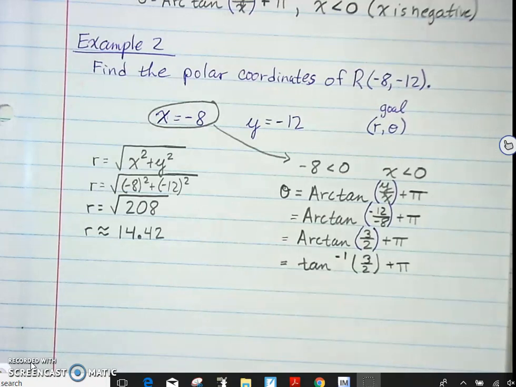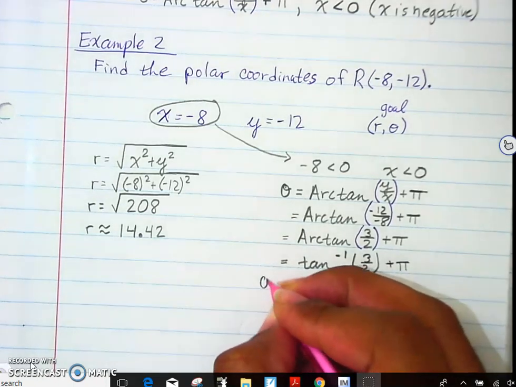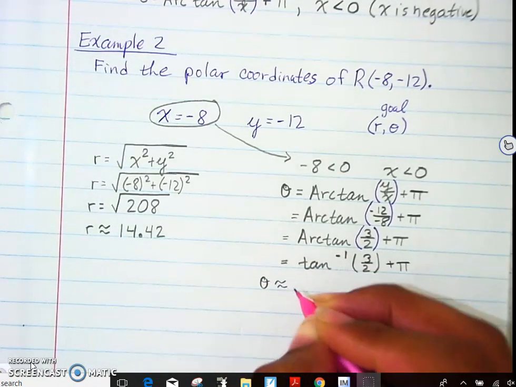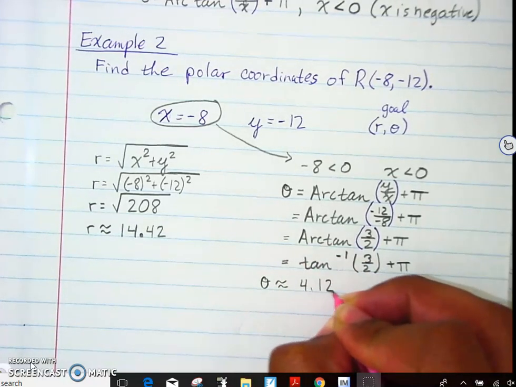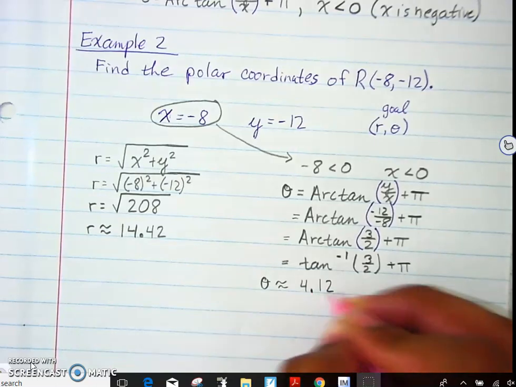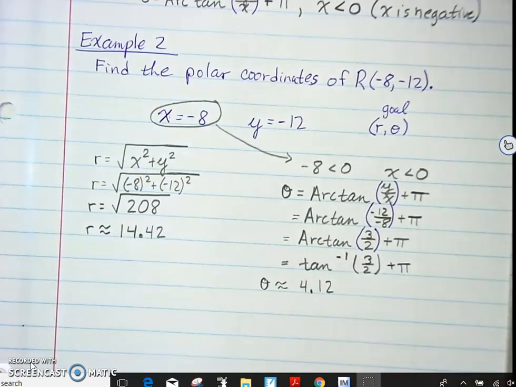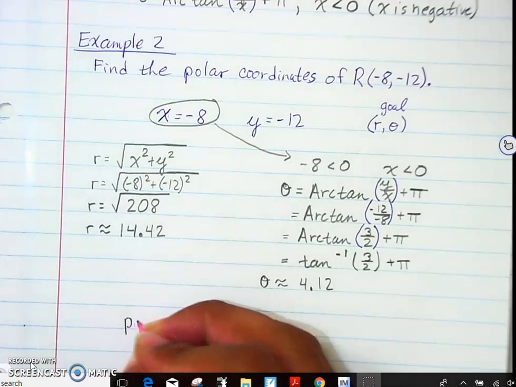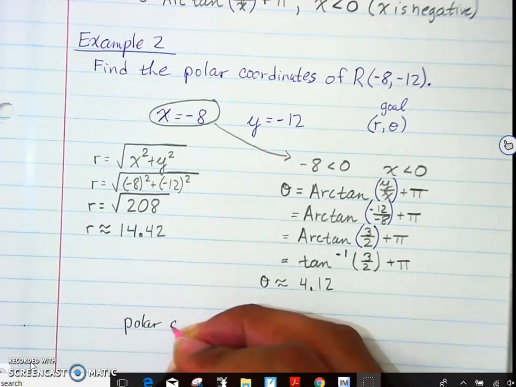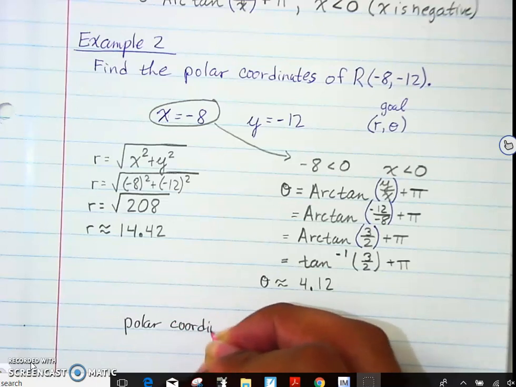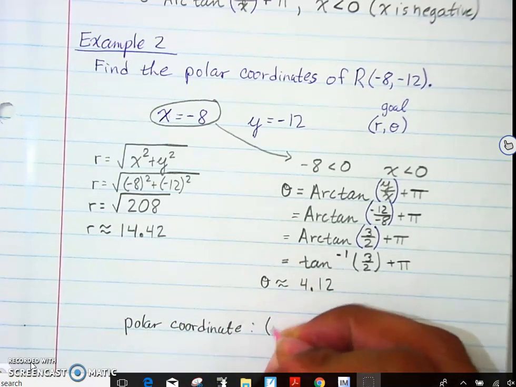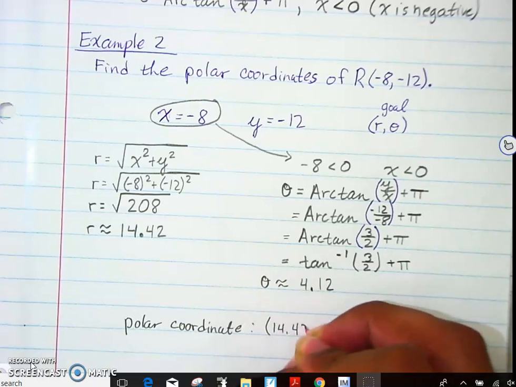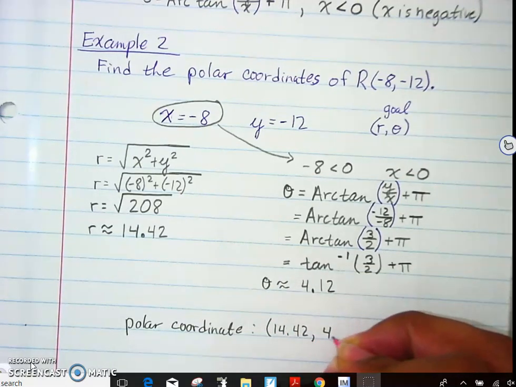And then that will give us a theta of approximately, because you're rounding again, about 4.12, because after the 2 is a 4 and it doesn't round up, which means it stays there. So our polar coordinate is 14.42 and 4.12.